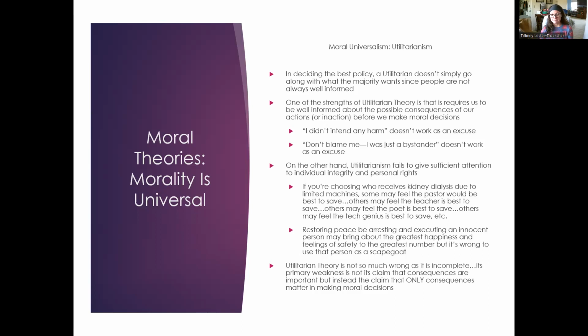For instance, let's say you've got a facility or an area of a state where your dialysis machines are very limited, and you have far more patients in need of dialysis machines than what you have machines available. How do you determine who gets a dialysis machine and who doesn't? Right?